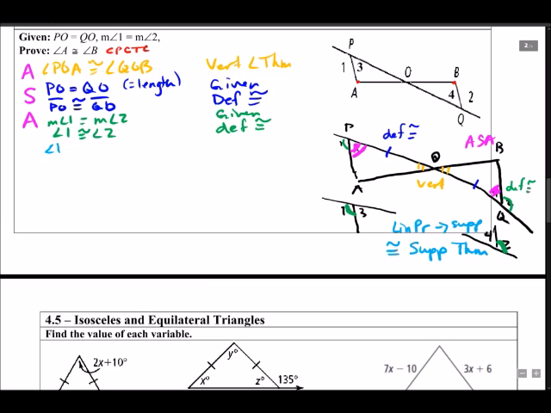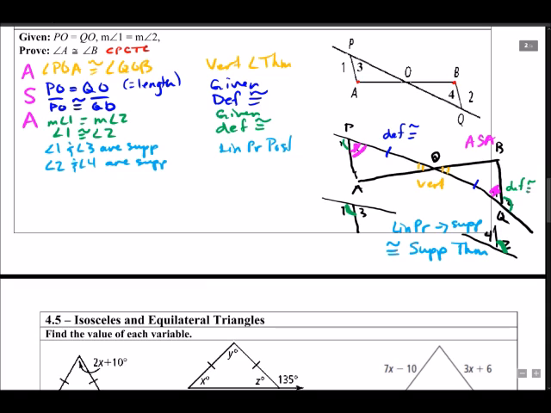Let's write it differently. Angle 1 and angle 3 are supplementary, and angle 2 and angle 4 are supplementary. That's just linear pair postulate.